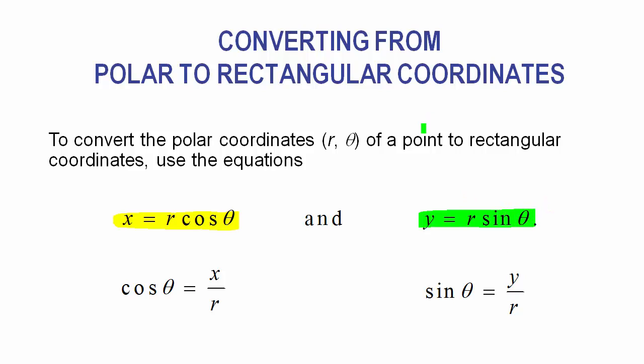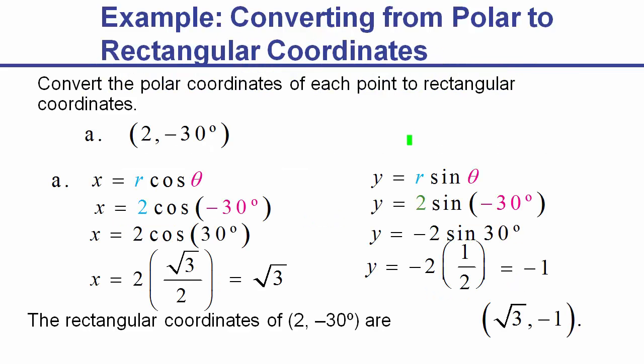And so now, if we're trying to go from polar to rectangular, it's really simple. Because if they tell us this is our polar coordinate, well, remember, this is r and this is theta.